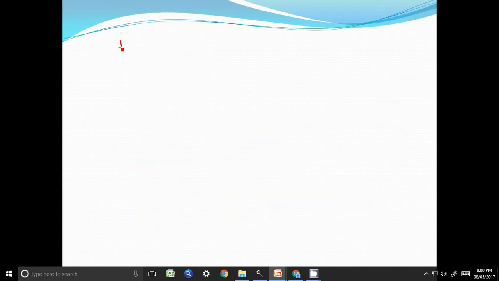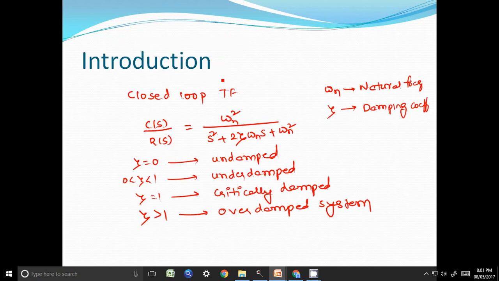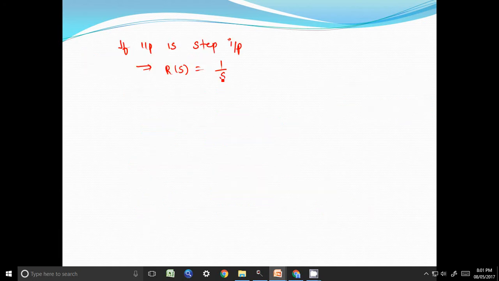If the input is a step input, then R(s) is equal to 1/s. So from the previous slide, from this transfer function, C(s) can be written as R(s), that is 1/s, into omega_n^2 / (s^2 + 2 zeta omega_n s + omega_n^2).